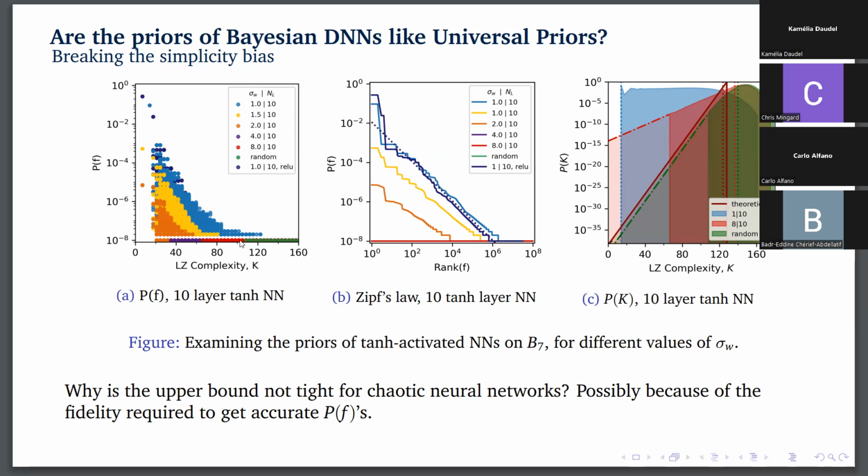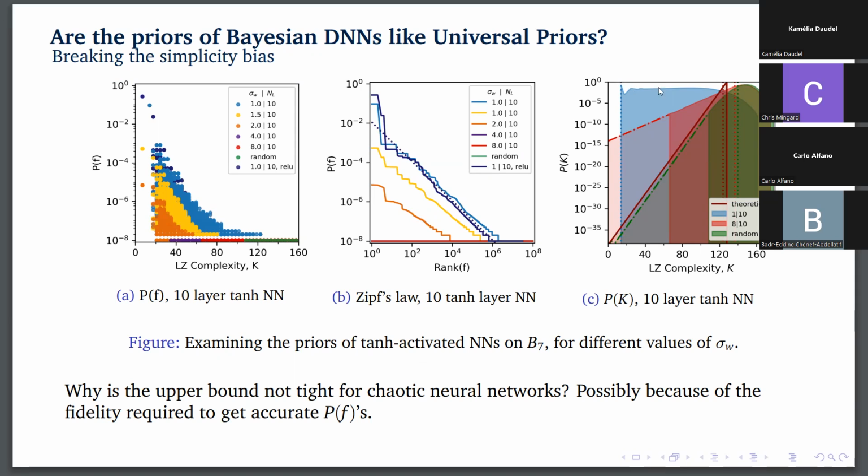And for comparison, the green, where you just randomly sample strings, you never find a function simpler than about 90 or 100. And again, the Zipf's law starts to break as well. It's quite hard to tell, but these lines will slowly fall off to completely flat. And this will be more clear in some later slides for more practical data.